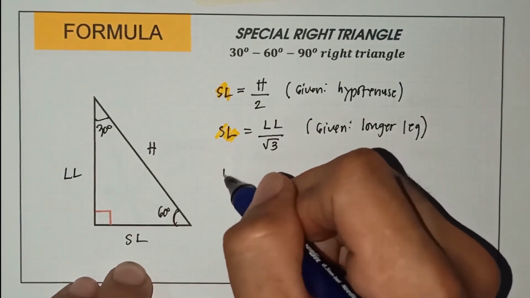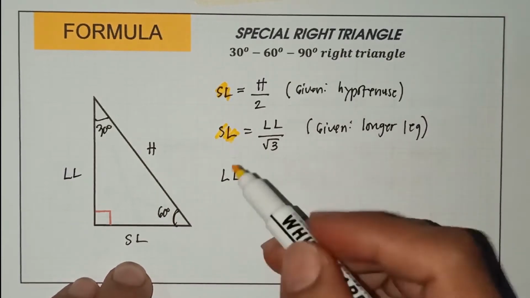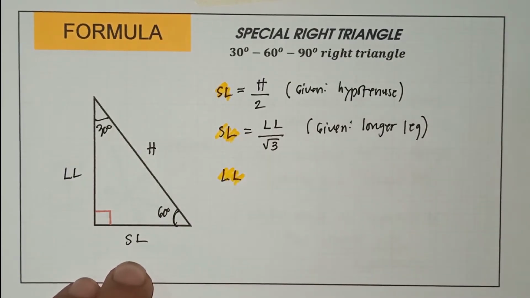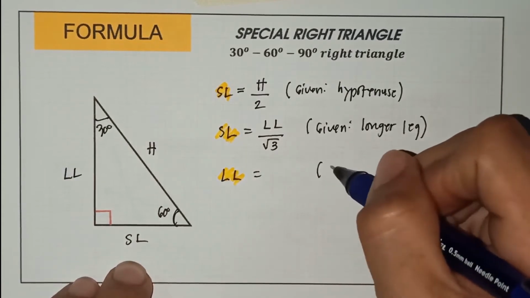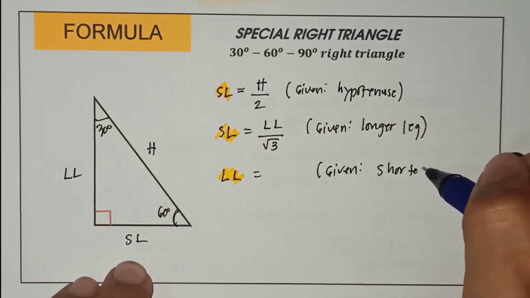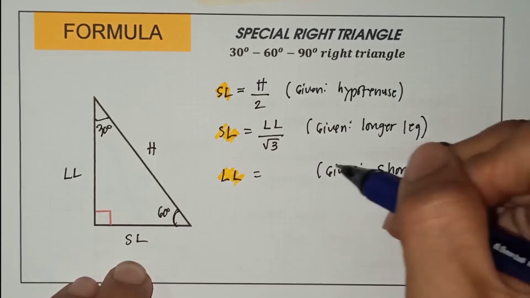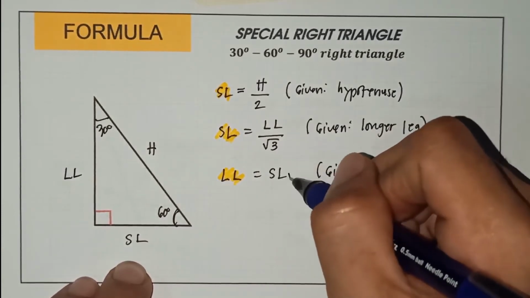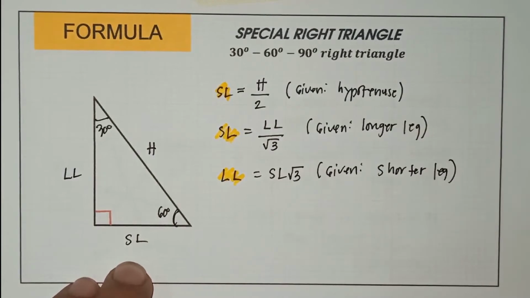To get the longer leg, when the given is the shorter leg, simply multiply the shorter leg by square root of 3.